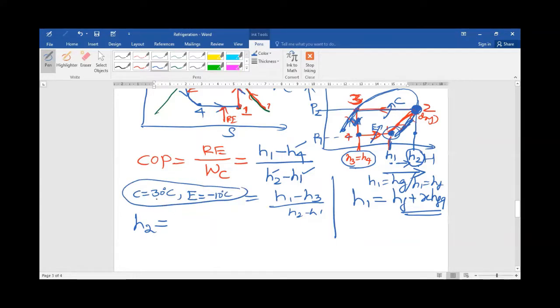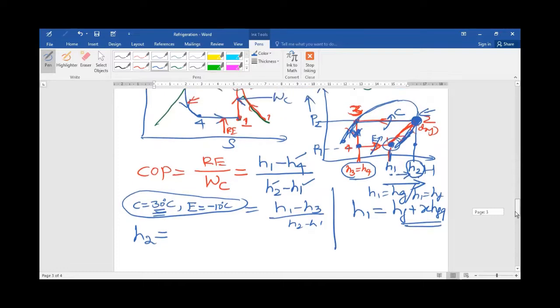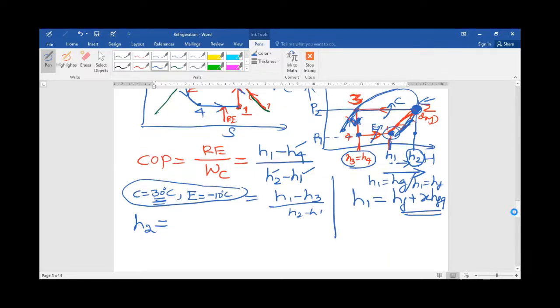So go to the contents in the Freon 12 thermodynamic data handbook. Go to the Freon 12 page. There, go to 30 degrees Celsius and note down the value of H2. How to take these values, we already discussed in the previous classes. I told you how to refer to the thermodynamic data handbook. So at 30 degrees Celsius, the enthalpy, I will get the dry condition value.